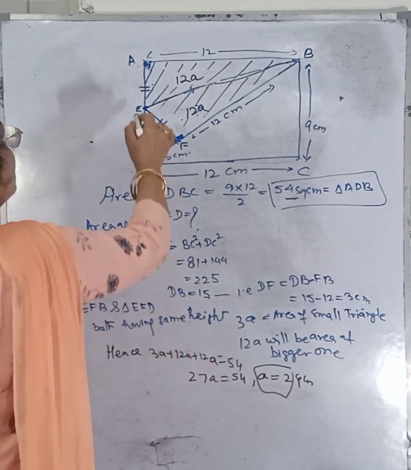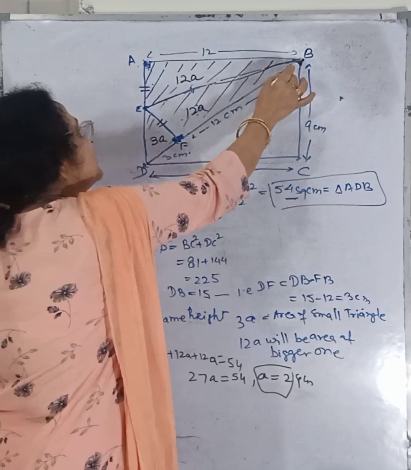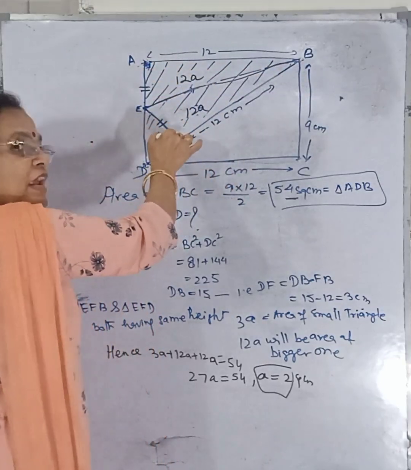It means we have to find the area of this region, which is equal to 24A.